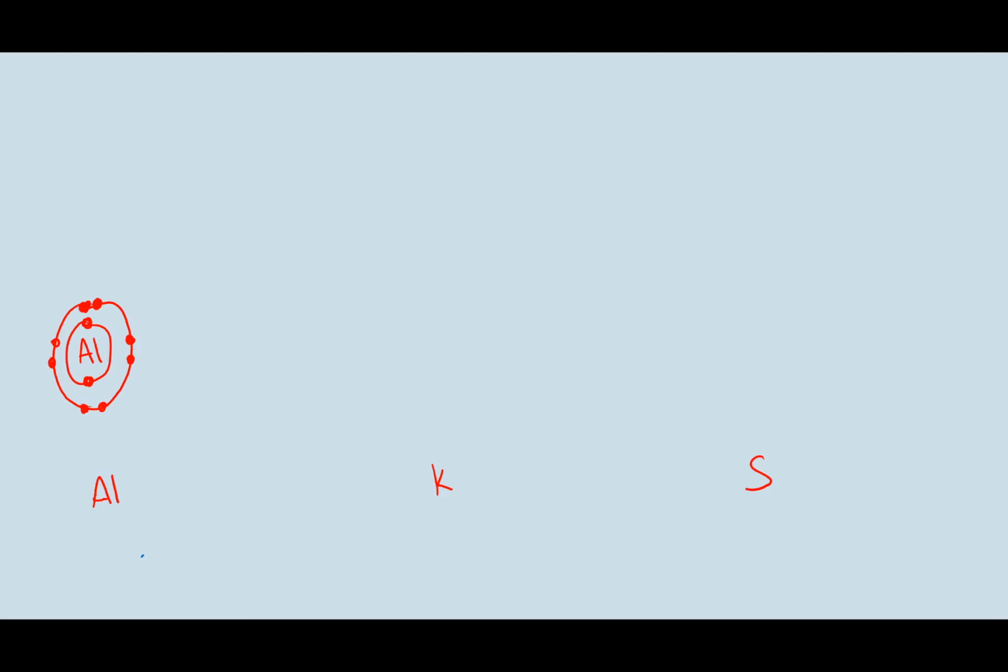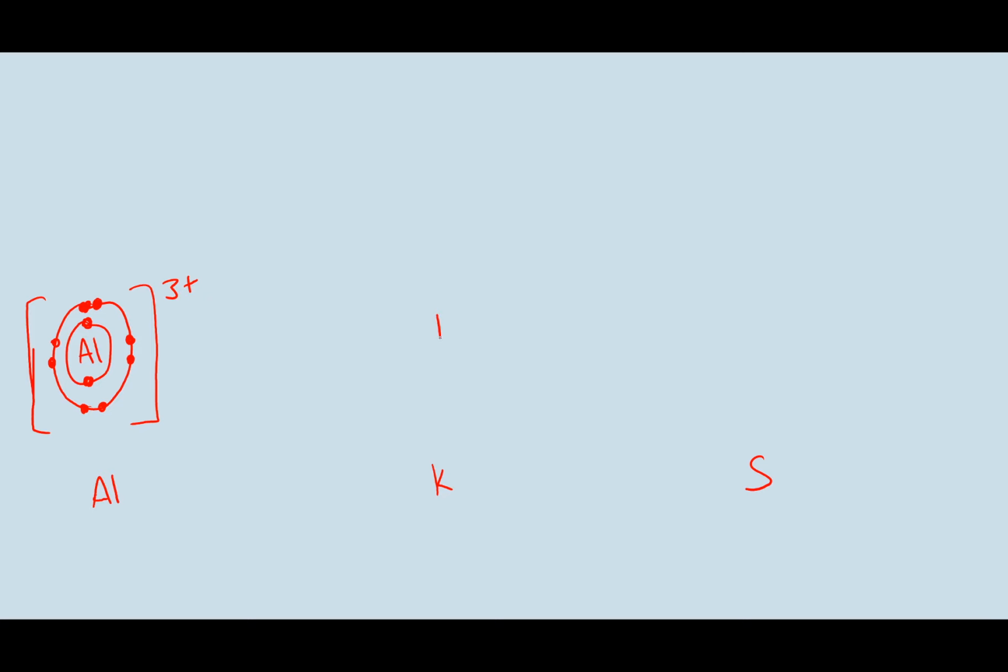This is my Bohr-Rutherford diagram for the aluminum ion. We just have to add in our brackets, and because it lost 3 electrons, it has a charge of 3 plus, or plus 3, because it lost 3 negative charges, so there are 3 extra protons.